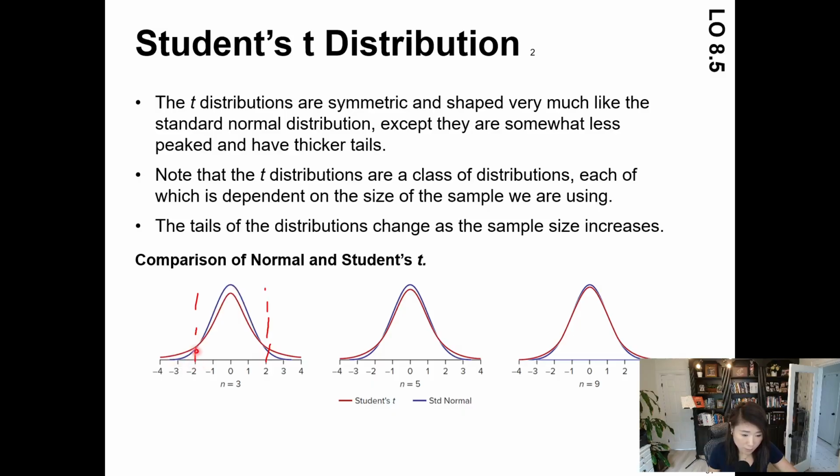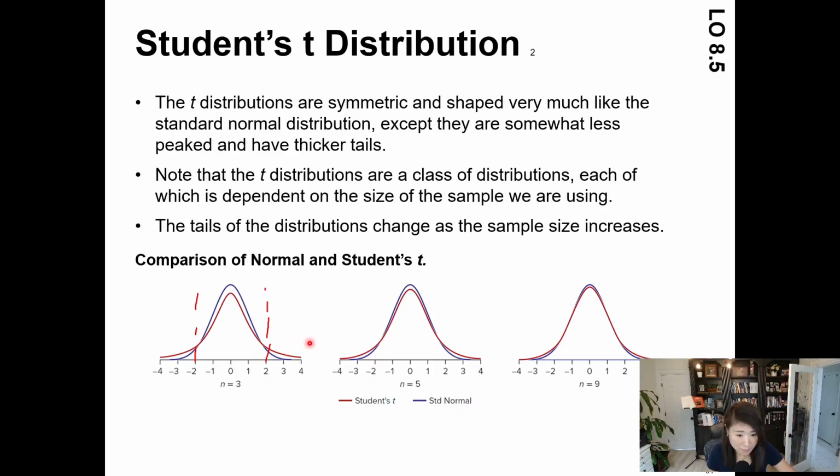Around -2, the red curve still has a lot of area below -2, and you can go to -3 as well. That means Student t includes more uncertainty, or more variation, than the standard normal distribution.